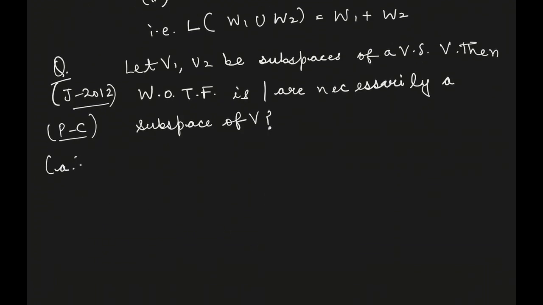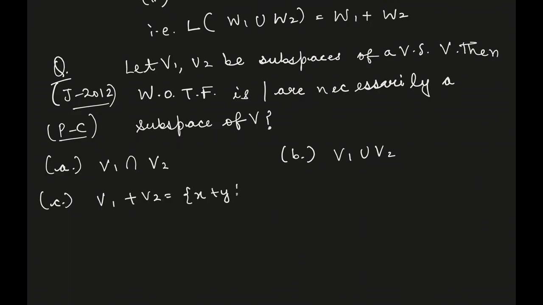A part V1 intersection V2, B part V1 union V2, C part V1 plus V2, D part V1 minus V2.